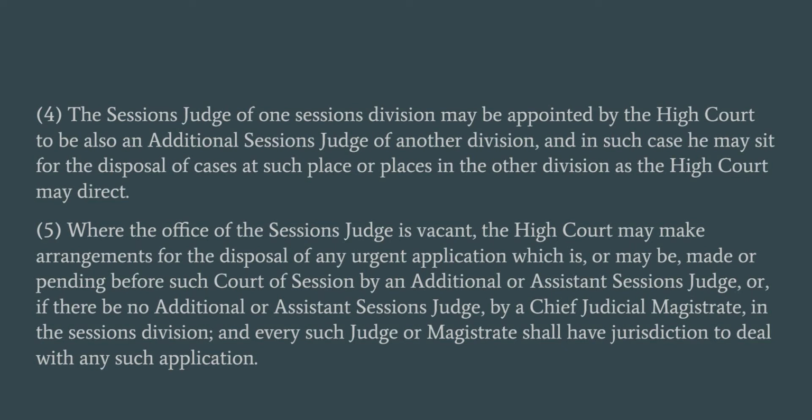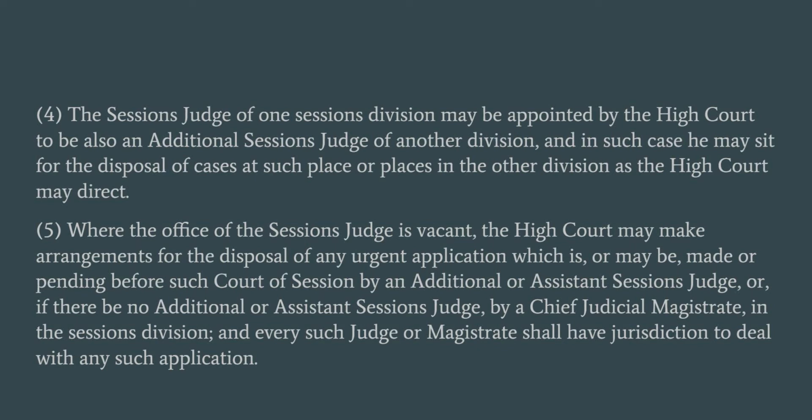Fifth, where the office of the session judge is vacant. In case the office of the session judge is vacant, what will the High Court do? The High Court will make arrangements for the disposal of any urgent application which is made or pending before such court of session by an additional or assistant session judge.